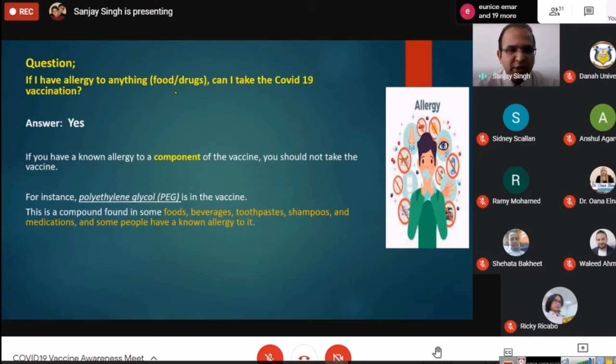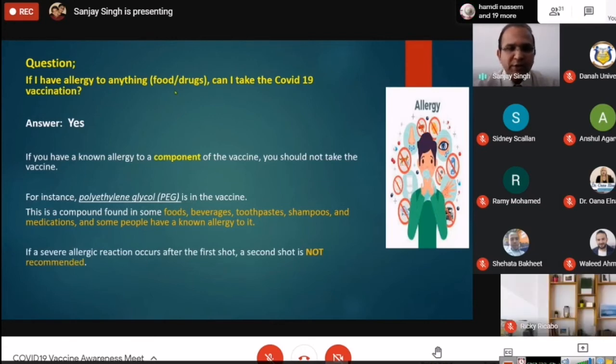So you need to check it out. If a severe allergic reaction occurs after the first dose, a second dose is not recommended for you. And at most of these centers, after the vaccination, you are told to wait for 15 to 30 minutes. And most of these centers are equipped to take care of any allergic reactions.